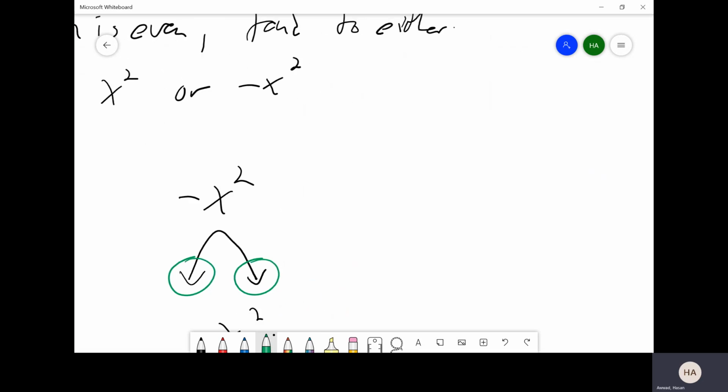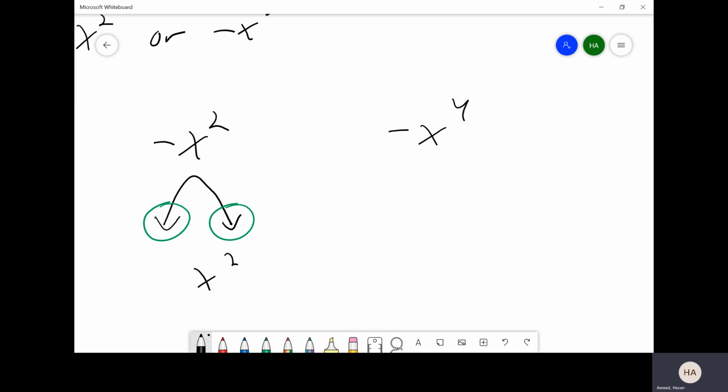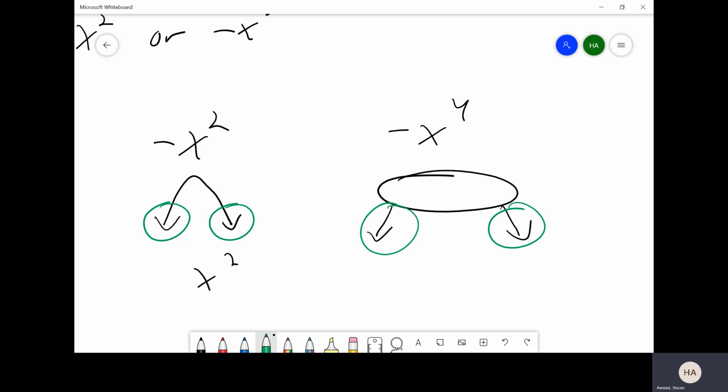So if we had, just for example, negative x to the fourth, again, I don't exactly know what's going on in the middle, but I can tell you guaranteed 100% that its two end legs are going off to negative infinity. They're just always going downwards. And the reason that I know that is because this is an even power. So the end behavior is going to resemble that of a parabola. And because it's negative, I know that it's opening downwards.